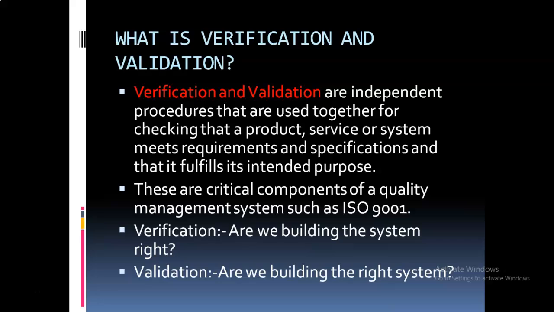Now I want to tell you what verification and validation are. Verification and validation are independent procedures that are used together for checking that a product, service, or system meets requirements and specifications, and that it is fit for its intended purpose. Means verification and validation are completely different from one another.